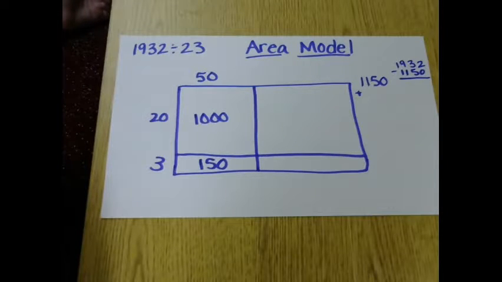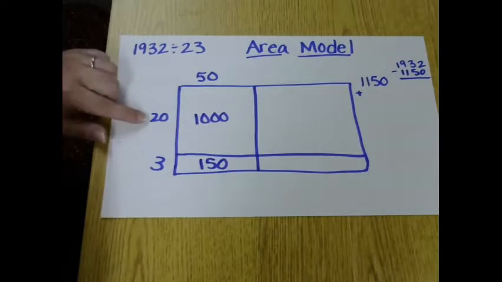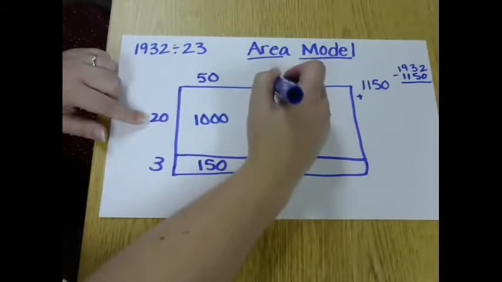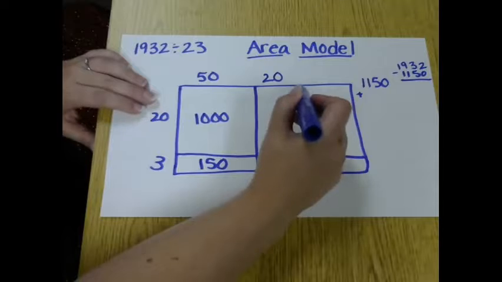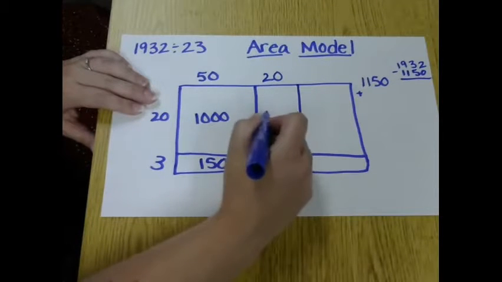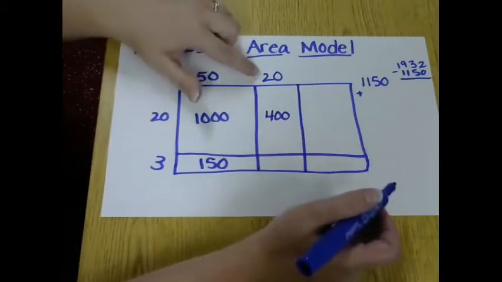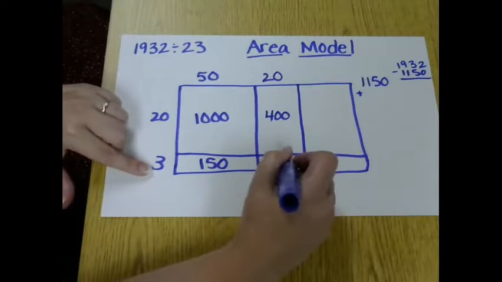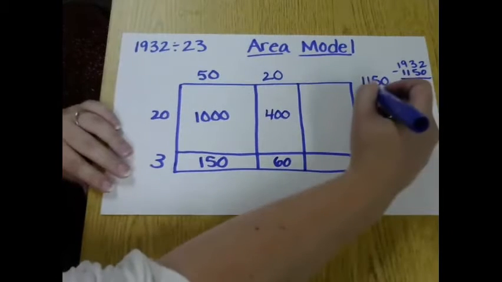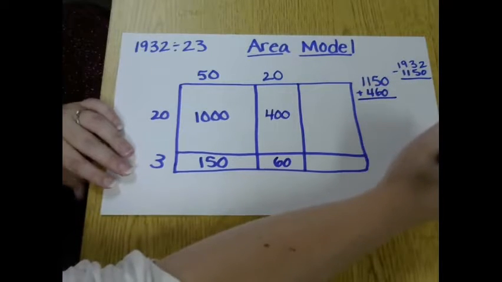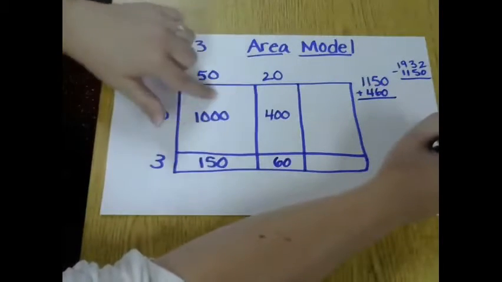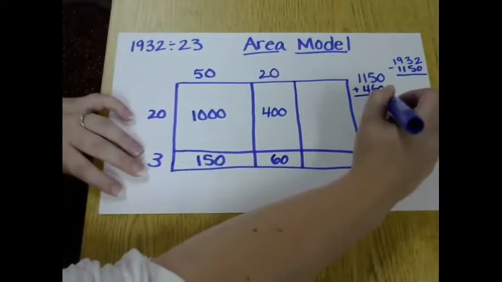Oh, I'm not so sure about 800, but let's do 20 times 20, because I know that 20 times 20 is 400 and 20 times 3 is 60. So I have 460. I'm going to add those together because that's everything inside my box or my rectangle so far.